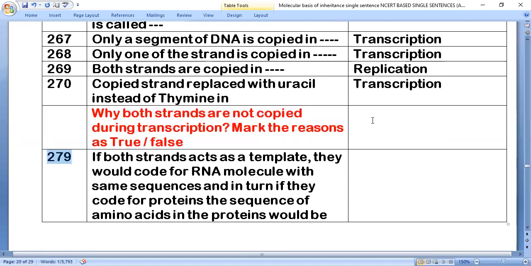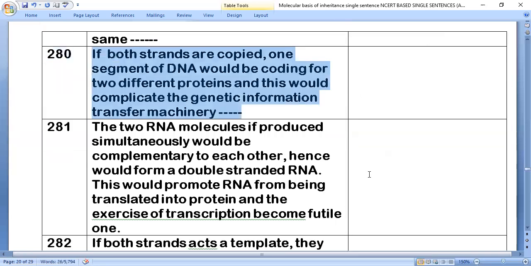Why are both strands not copied during transcription? Mark the reasons as true or false. If both strands act as a template, they would code for RNA molecules with the same sequence, and the amino acid sequence of the protein would be the same. False.